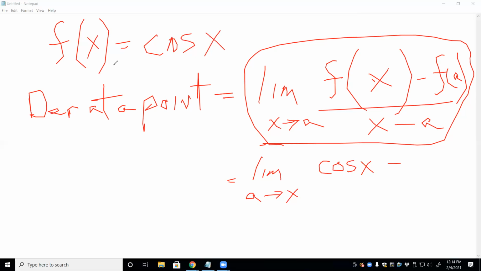A is pi over 2. So cosine of pi over 2 is 0. And then it's x minus pi over 2, x minus a.